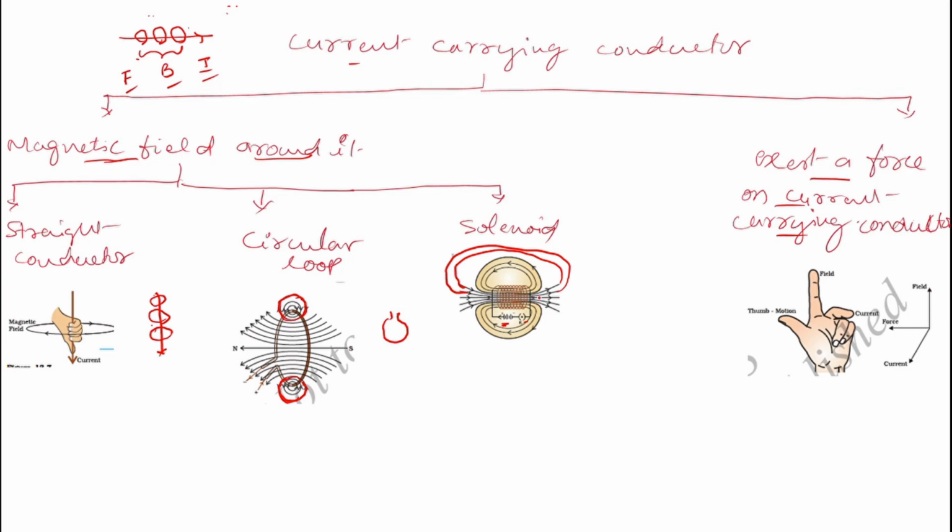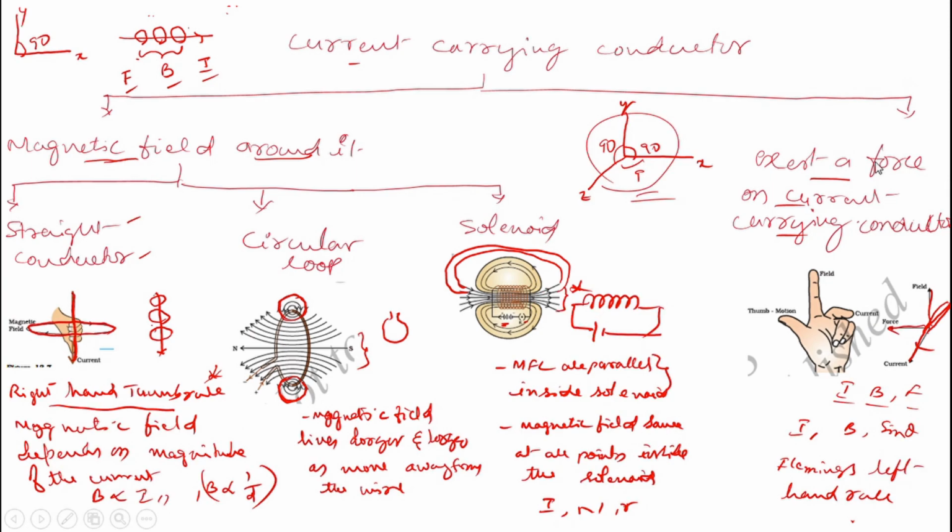So now one by one we will see. This bent portion behaves like a magnet and this bent portion behaves like a magnet. See, now you complete these circles.